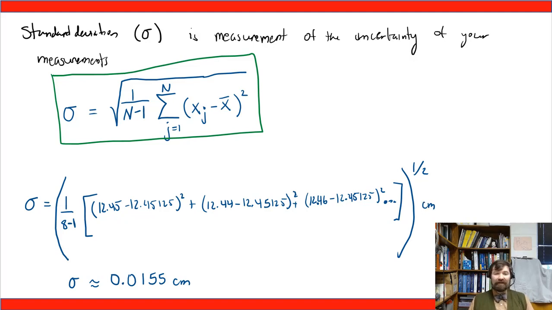Now, why is it that we do it this way? Why not just straight average the differences? Well, because of the way that this mean term is defined, if I were to take the difference of that mean from each number that I've measured and then sum all those differences together, I would have sort of like a total difference, and so then I could divide by 8 and have, let's say, an average difference or average deviation as opposed to a standard deviation.